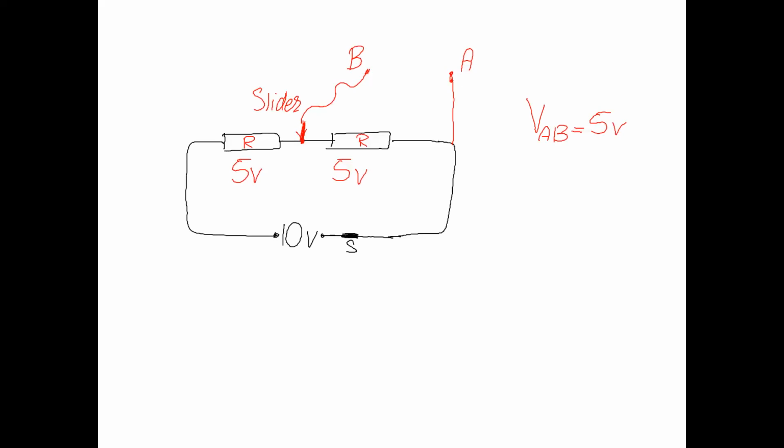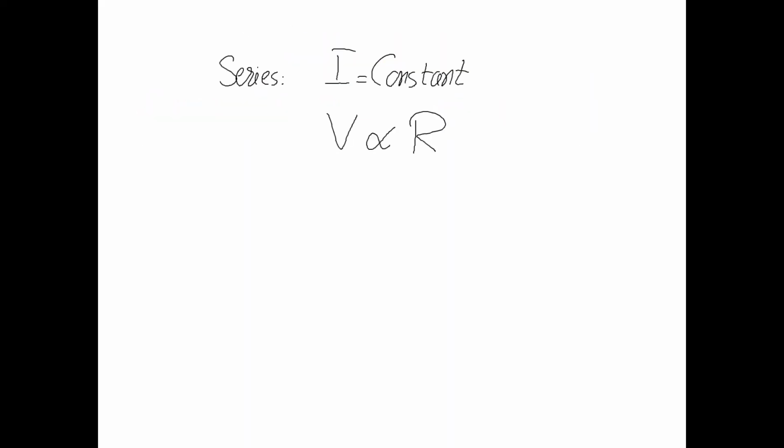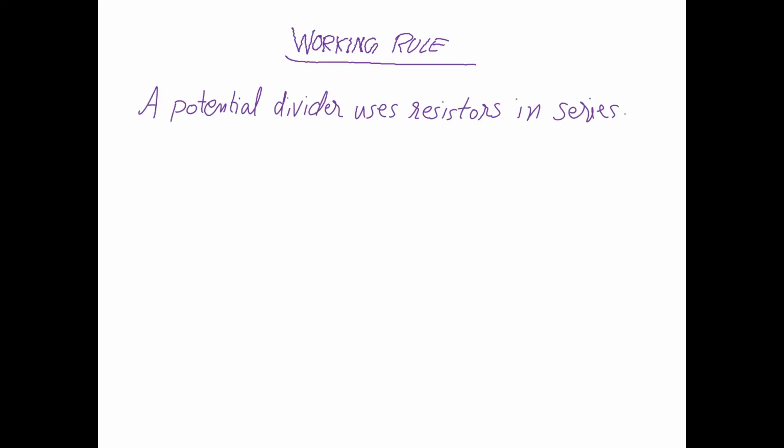Now write under it: a slider mechanism is used. A slider mechanism is used in a potential divider. Can you please go back to the last slide for 1 second? Can you go to the definition slide for 1 second again? Yes. Okay, done.